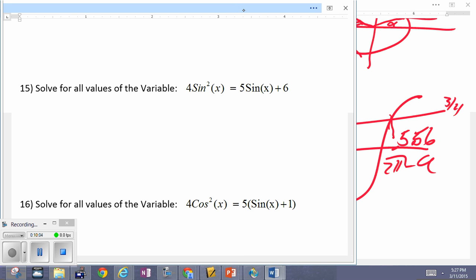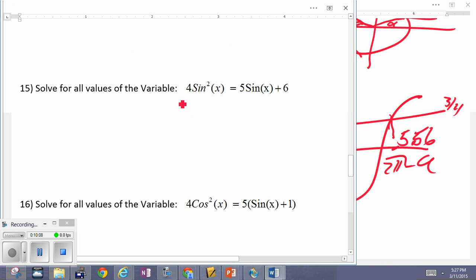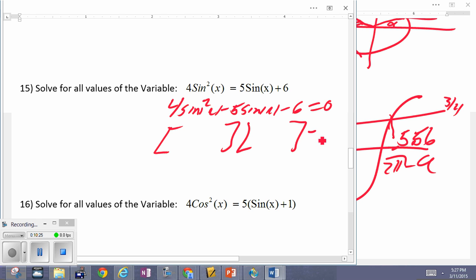Let's just see. 4 sine squared of x minus 5 sine of x minus 6 is equal to 0. So we're going to see if in fact that factors, and it probably does. I hope it does. They're kind of designed to factor.